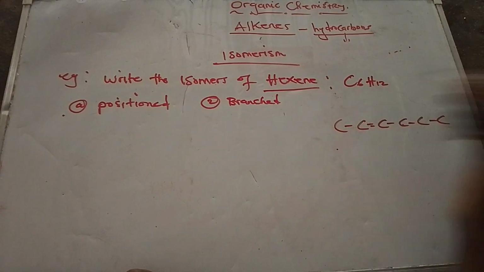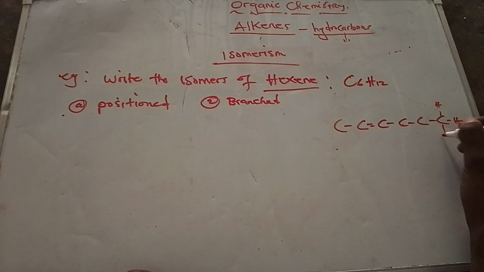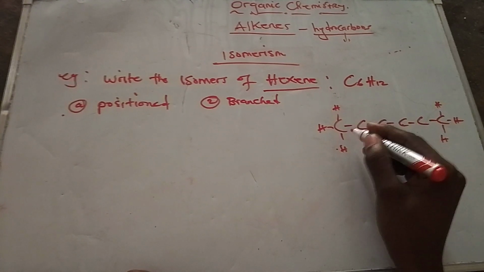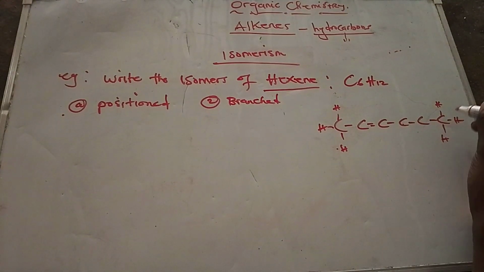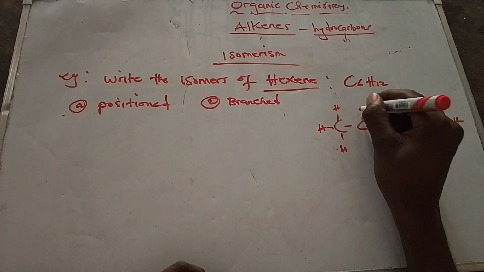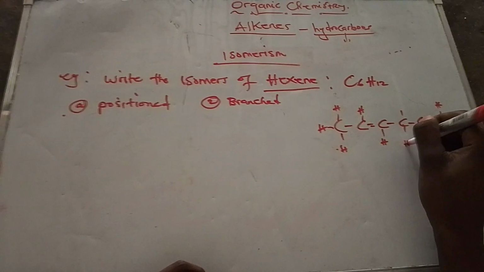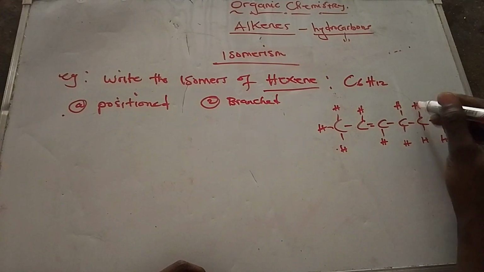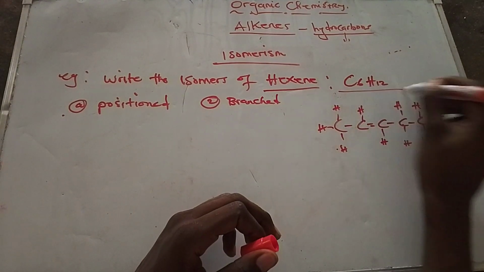The first carbon will have 3 hydrogens, and the last one will also have 3 hydrogens, since there is a single bond. Where there is a double bond, you just put 1 hydrogen. Then these will go with 2 hydrogens, like this. So 3, 4, 5, 6, 7, 8, 9, 10, 11, 12. So this is my structure of hexane.